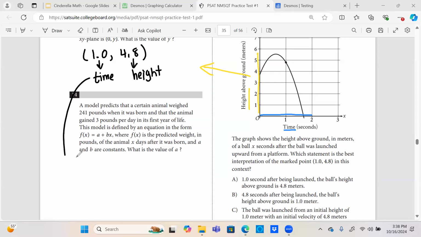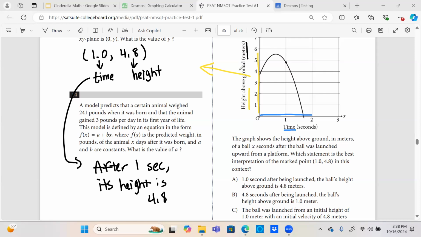So this means, after 1 second from the ball being launched, its height is 4.8, and you can see right here they're measuring in meters. So after 1 second, the height of the ball is 4.8 meters. So I think that's A.